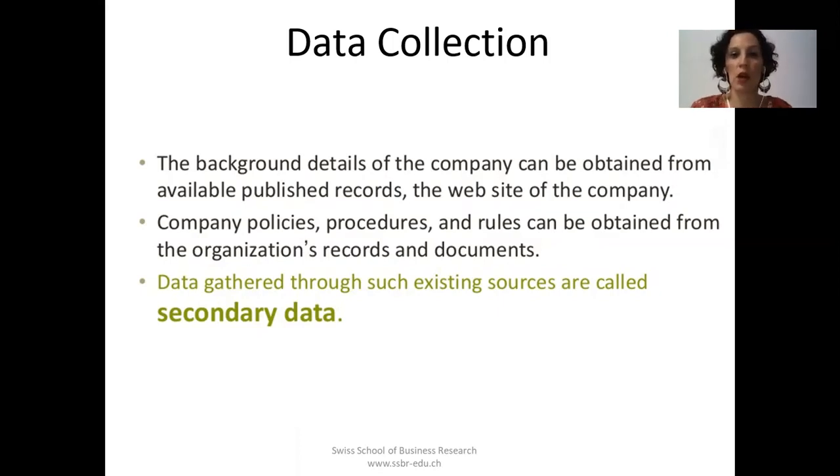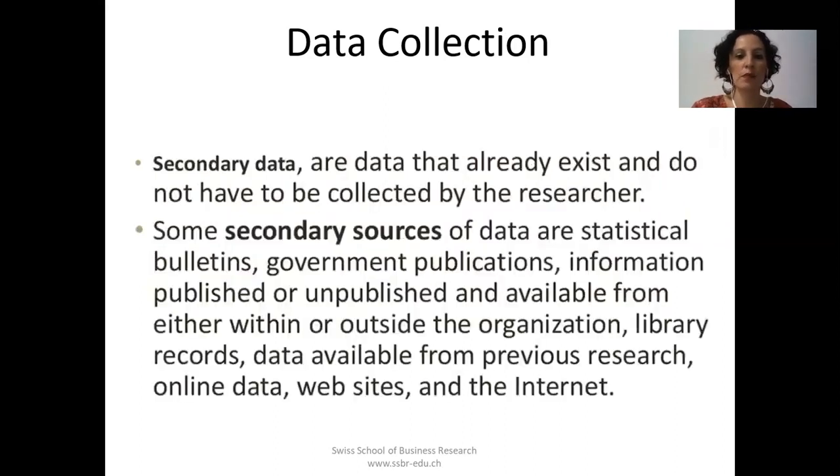For example, a doctoral dissertation or a thesis could be secondary data. So the actual specific company data can be obtained through your own internal means. However, when we are looking for data that is being gathered outside of our organization from previous research that has been done, we need to address secondary data.